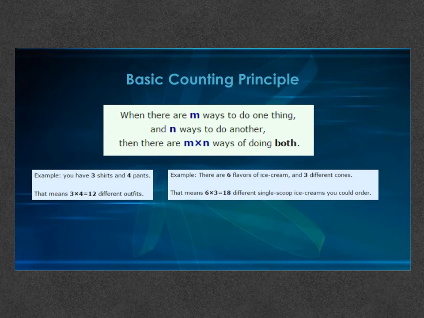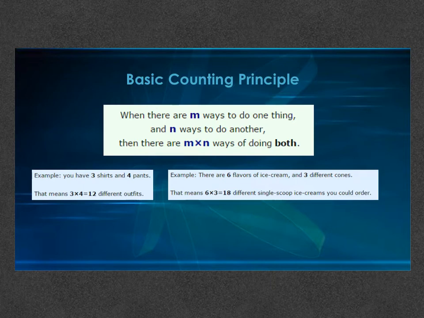So the basic counting principle says if we're trying to figure out the number of ways that something can happen, and there's 2 scenarios, if there's an m number of choices for the first one and n number of choices for the second one, then we figure out how many total possibilities there are by multiplying m times n.